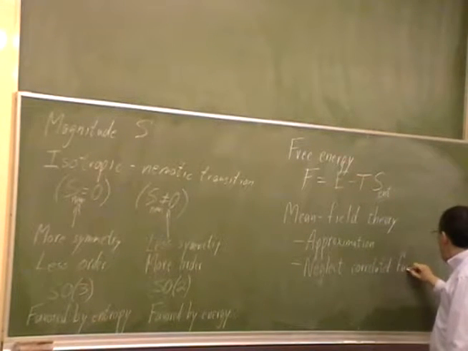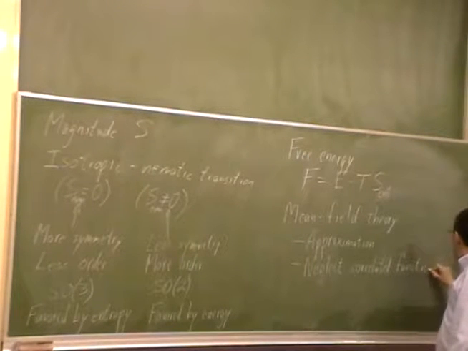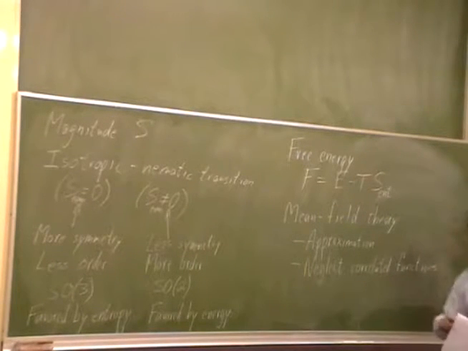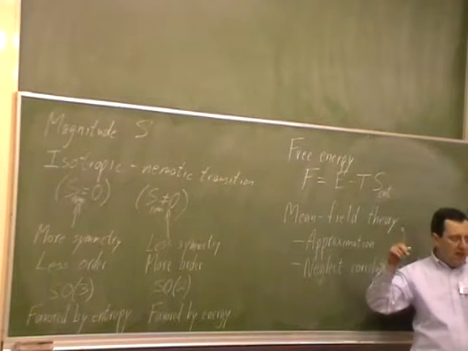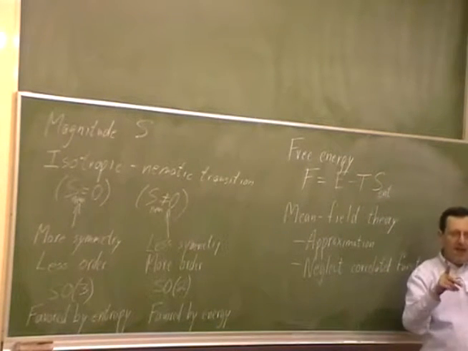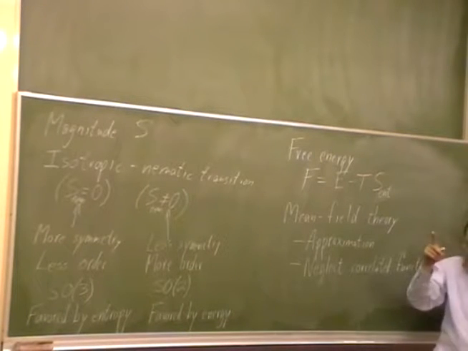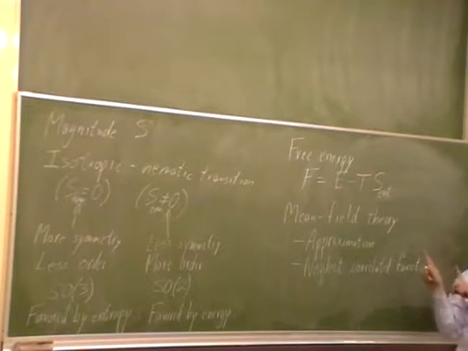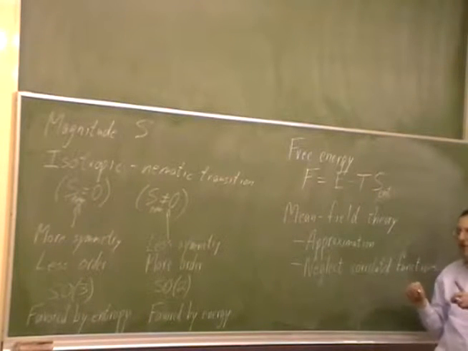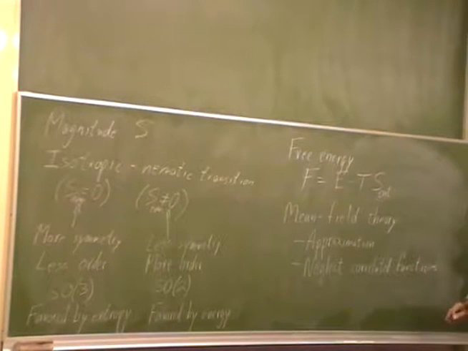So we are going to pretend as if each molecule is fluctuating independently of its neighbors, and that there's some characteristic one-particle distribution function for these fluctuations, okay? And as you will see, this tremendously simplifies the problem and allows us to calculate many properties of phase transitions.